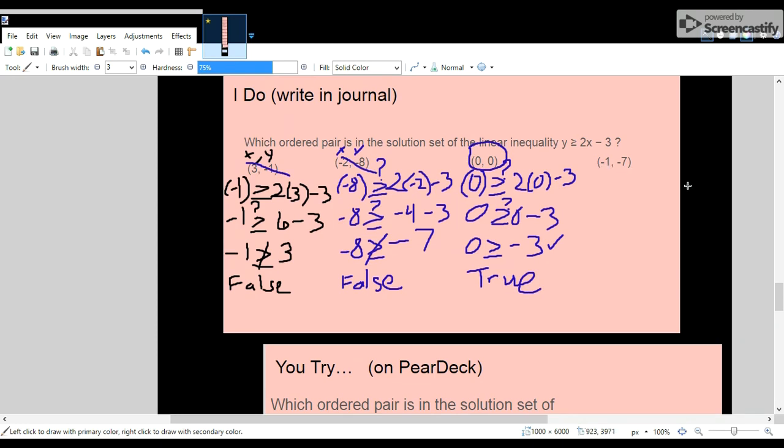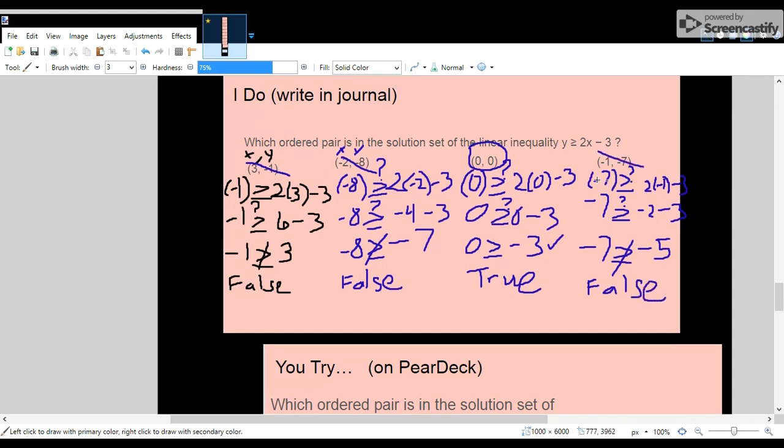And let's look at the last one, -1, -7. Wherever we see a y, we're going to replace it with the -7. So it's -7 greater than or equal to 2 times -1 minus 3, is -7 greater than or equal to -2 minus 3. -7 is not greater than or equal to -5, so that's false.